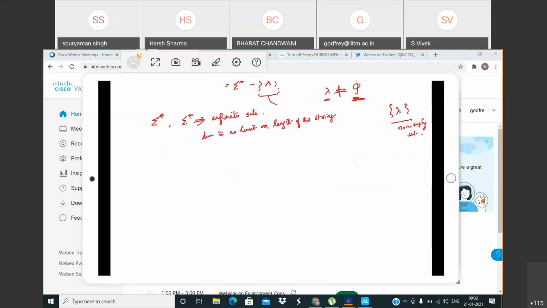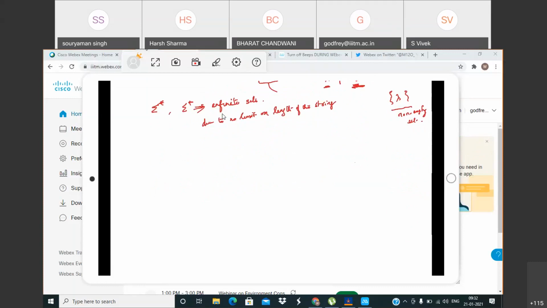So in general, we say a language is a subset of sigma star.